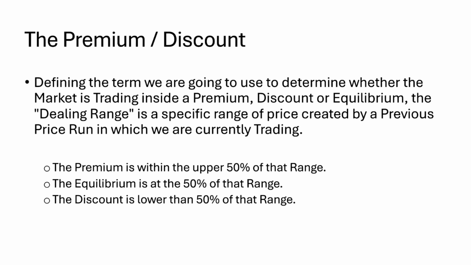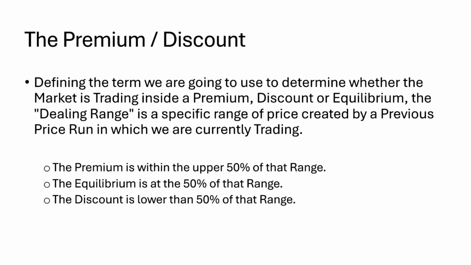Going on to the next thing we're going to talk about, which is the premium discount. Firstly, the dealing range is a specific range of price created by a previous price run in which we are currently trading. So exactly as I've stated before, when we look at the dealing range, we're going to talk about a specific range, and we're going to look at the extremes.